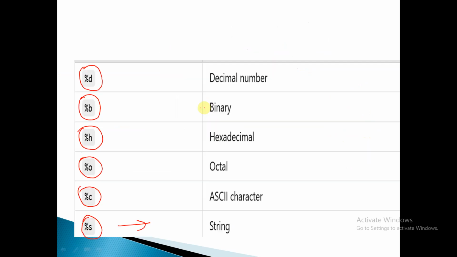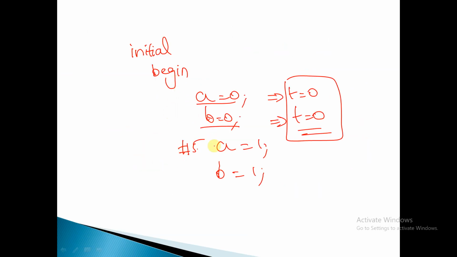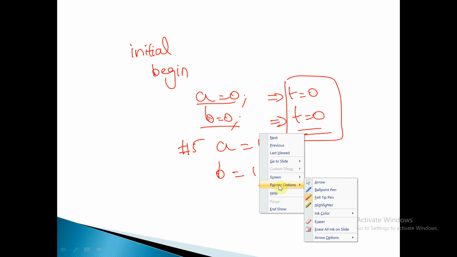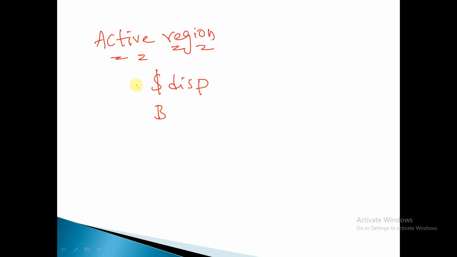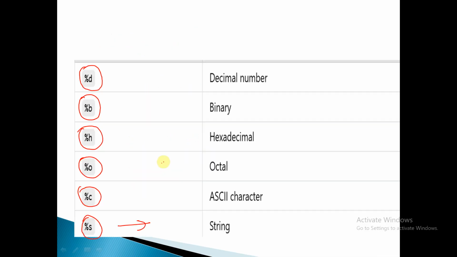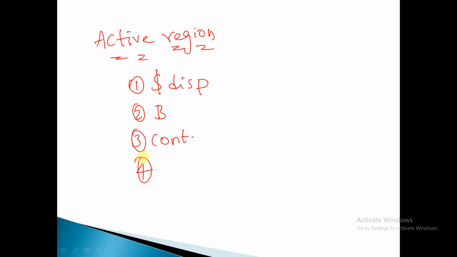So in the active region, blocking assignments are going to execute, dollar display statements are going to execute, primitives are going to execute, and continuous assignments, which we will see in data flow modeling.